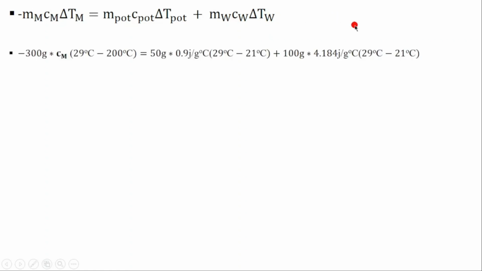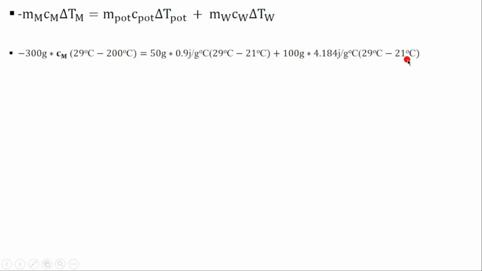Then you can put the values and solve for the unknown, which is the specific heat capacity of the metal. Note that the final temperature is 29 minus 200 degrees Celsius for the initial temperature of the metal. Here also the final temperature is 29 minus 21 degrees Celsius, the initial temperature of the pot.